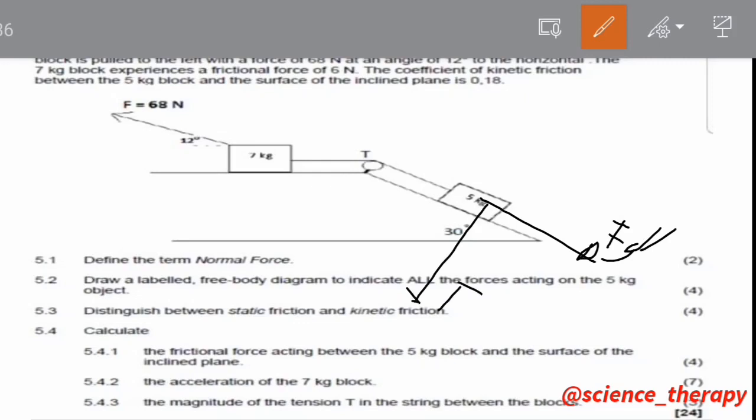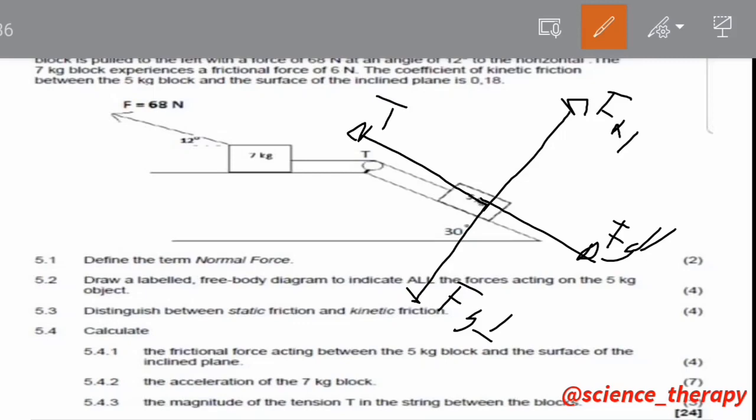Then above we have the normal force. Then remember we have the rope there which indicates the tension, but then this is being pulled up, so the 5 kg block is also moving up the slope, so that means FK is acting down the slope, right? So that's how we have it. That's our free body diagram there.